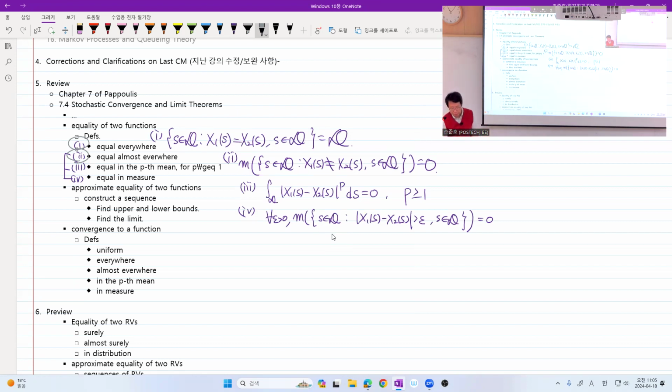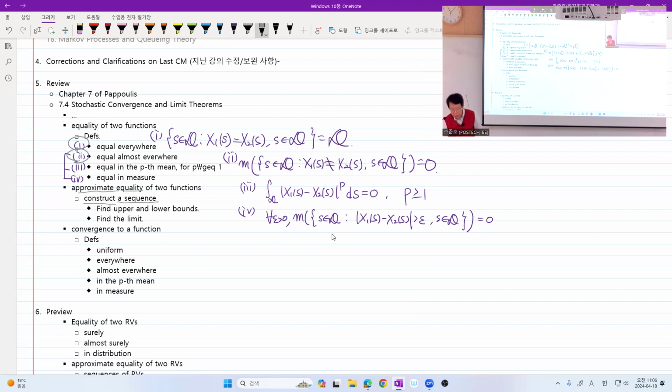Usually we construct a sequence. After that, sometimes we just find upper and lower bounds saying that they converge to the same number and are tight asymptotically. Or we may just say that the limit of this sequence is the desired function.